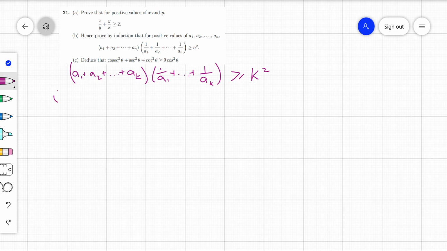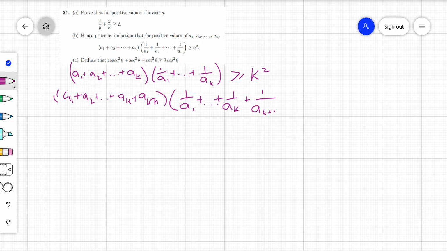So P of k plus 1. So that would be a1, a2 all the way to ak and including a k plus 1, and times by 1 on a1 plus 1 on a2 plus 1 on ak and 1 on a k plus 1. And we have to prove that's greater or equal to k plus 1 all squared.